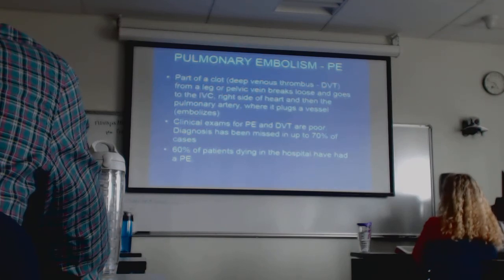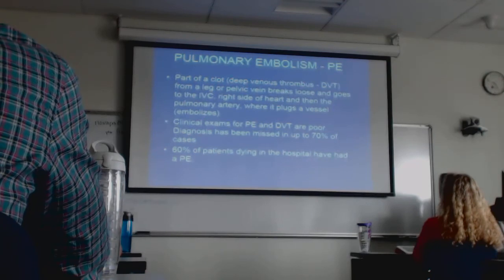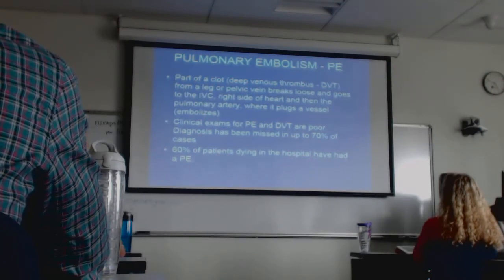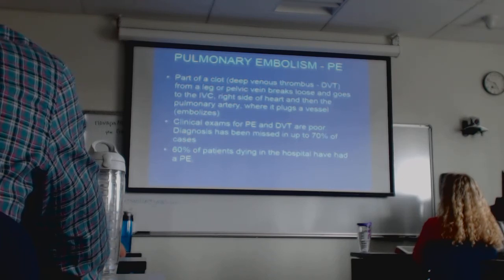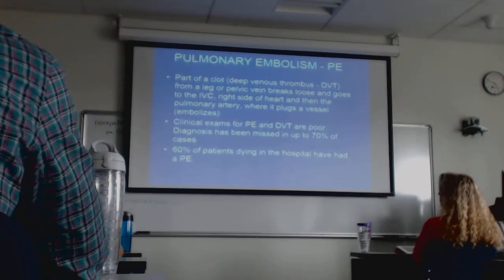But if you pump this clot into the lungs, it's going to get stuck in the smaller blood vessels. And if you stick that clot in the smaller blood vessels, then the lung behind it can't get any blood. And when the lung can't get any blood, it starts to become necrotic and dies. And if you get enough clot blocking blood flow to your lung, you can't oxygenate.